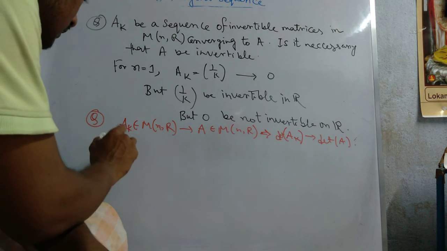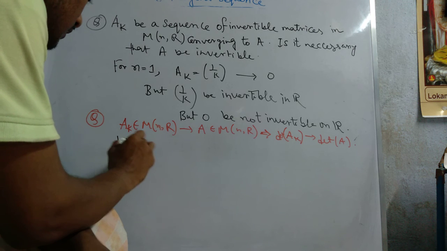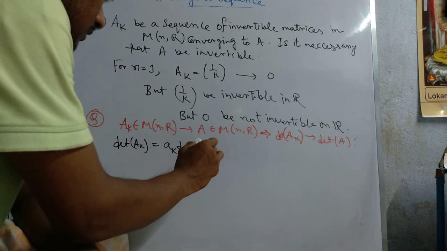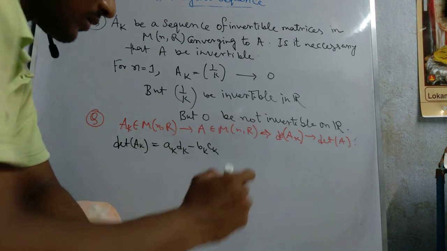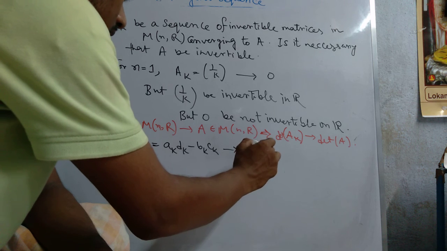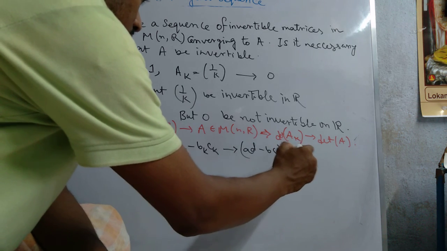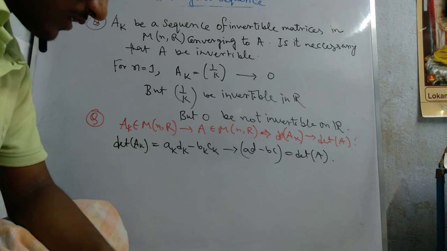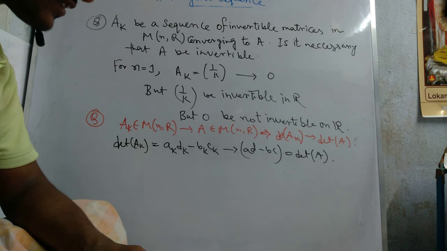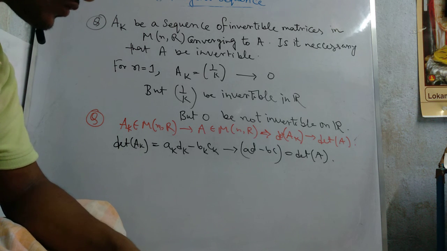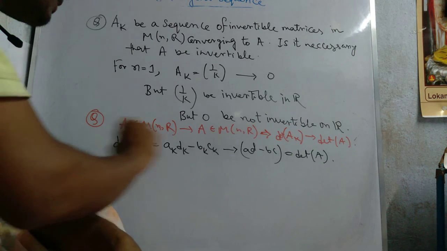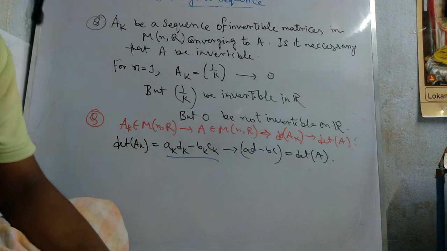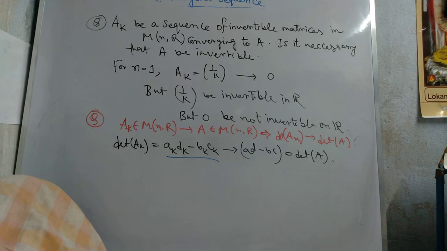We write det of Ak equal to akdk minus bkck, converging to ad minus bc, equal to det of A. Okay. The determinant of a matrix is a polynomial in the entries, so we write the convergence of these things, then det of Ak equals this. So today we stop here.